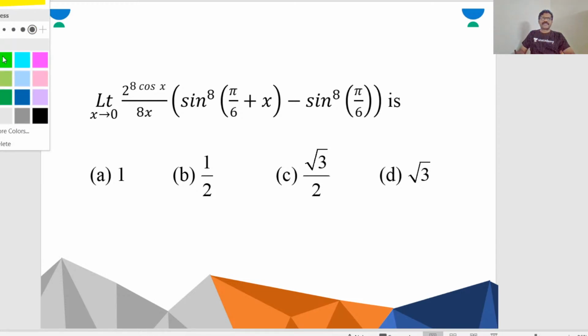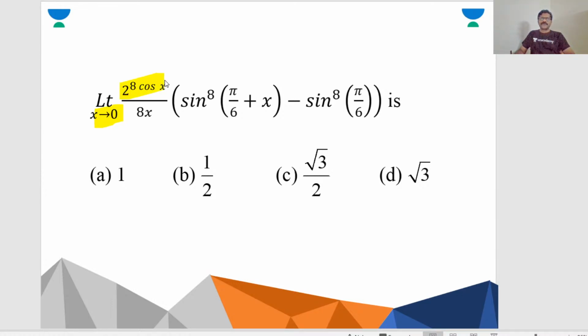Limit x tends to 0, (2 power 8 cos x minus 2 power 8) by 8x times sine power 8 of (pi by 6 plus x) minus sine power 8 of pi by 6. Now, limit x tends to 0.